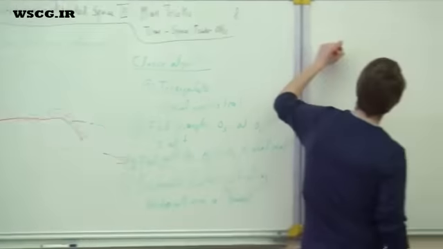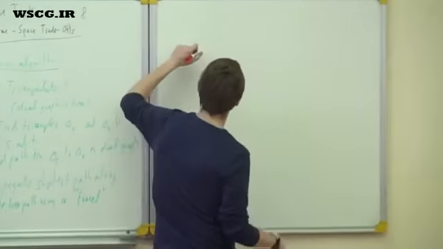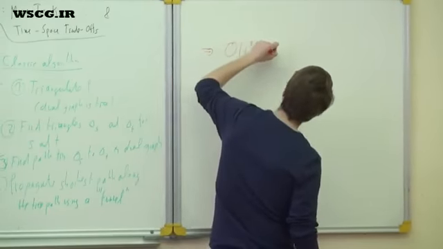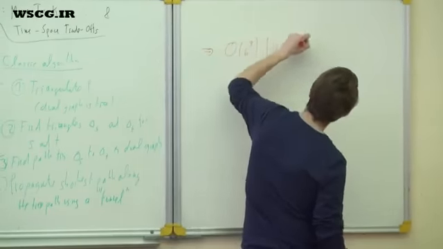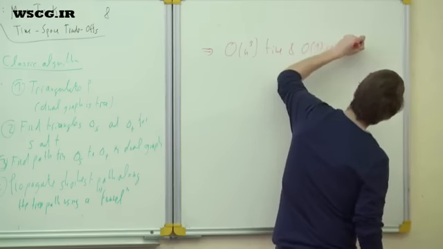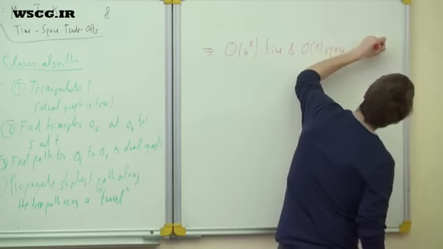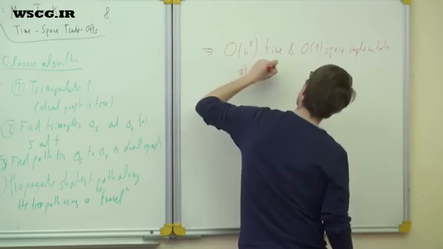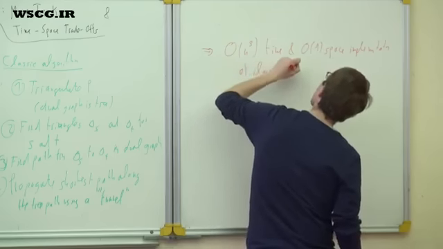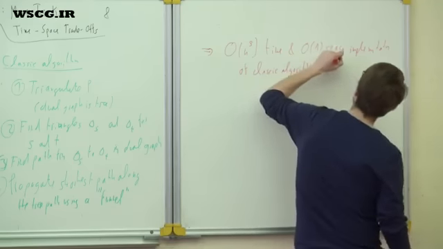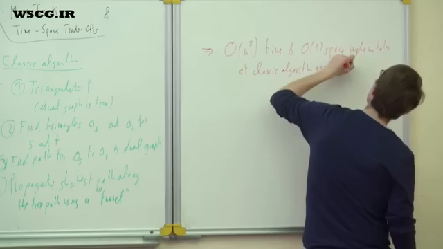I'm not going to talk about the details because I don't have time, but this gives us O of n cubed time and O of 1 space. It is an implementation of the classic algorithm using the path in trees.